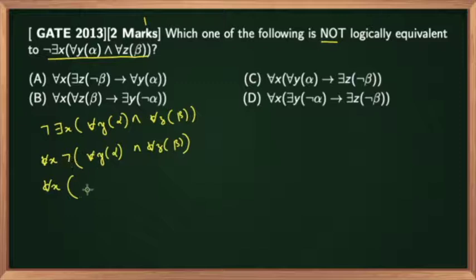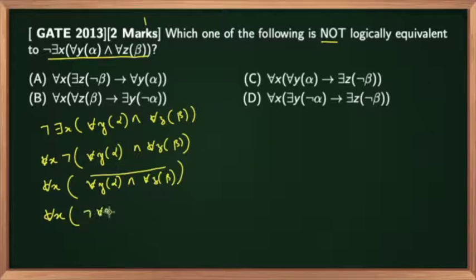I can take this not inside, so that will be equal to for all y alpha and for all z beta, all formula, right? That will be equal to for all x, not for all y alpha or not for all z beta, right?